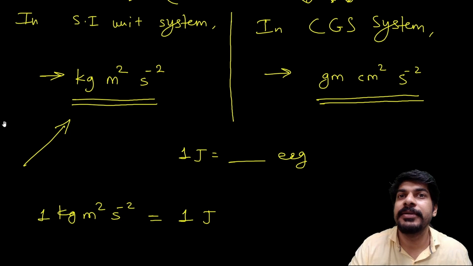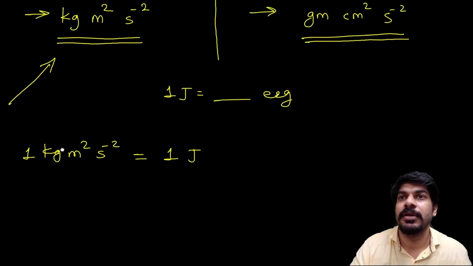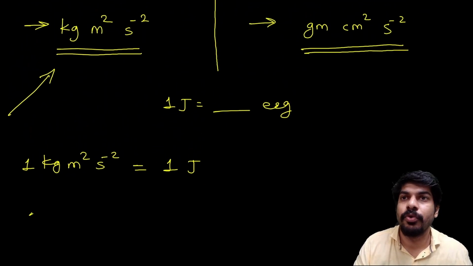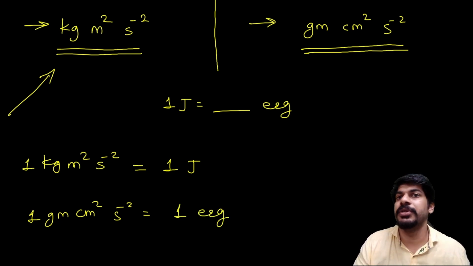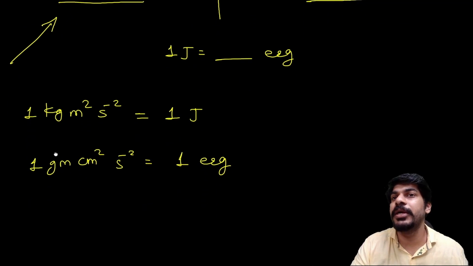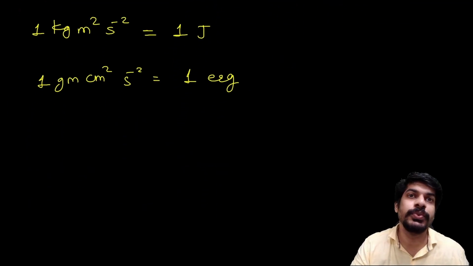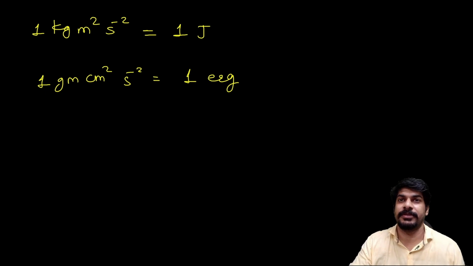And 1 gram centimeter squared per second squared is called 1 erg. That is our question, isn't it? So we have to find out the conversion factor between the two systems of units. So we will try to convert this.